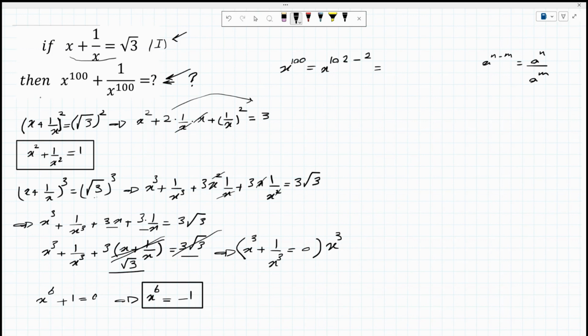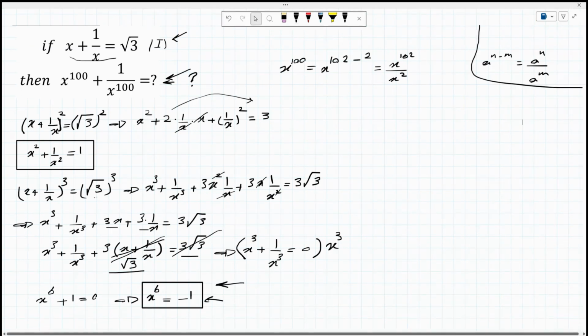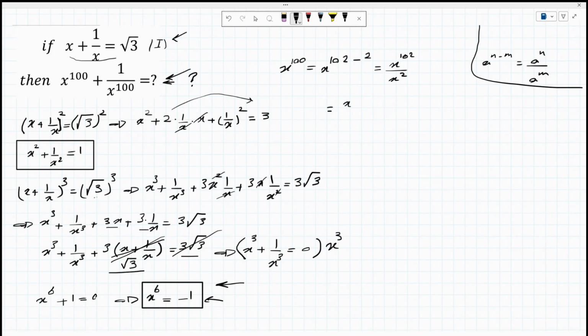So here I can write x to the power of 102 divided by x to the power of 2. And now instead of 102, we can write 6 multiplied by 17. And here we have x2.